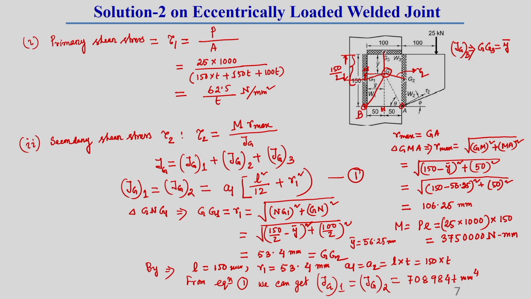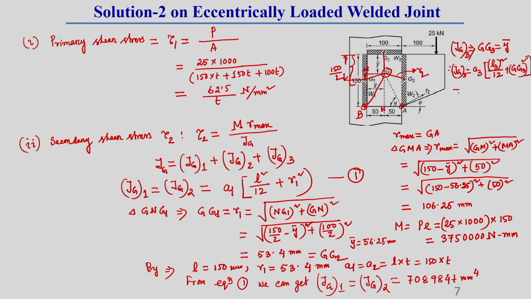So, JG3 will be equal to area of third weld into length of third weld L square by 12 plus JG3 square.